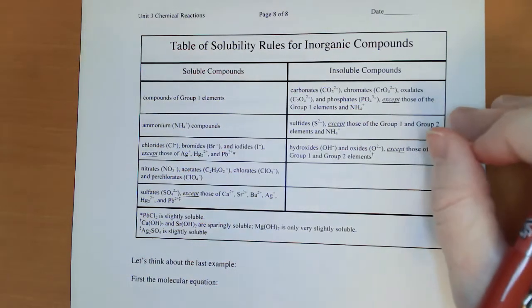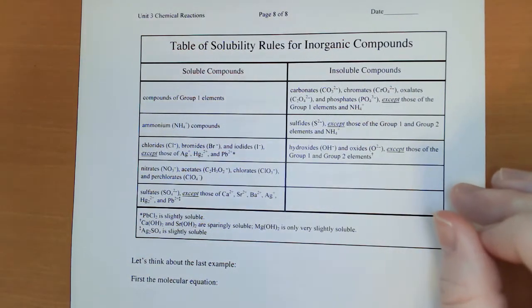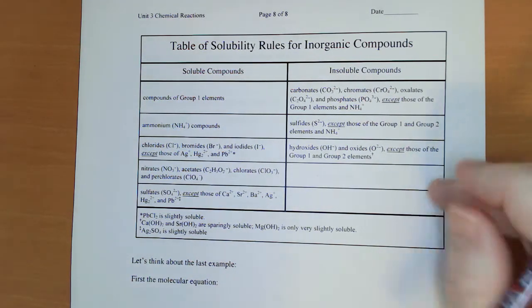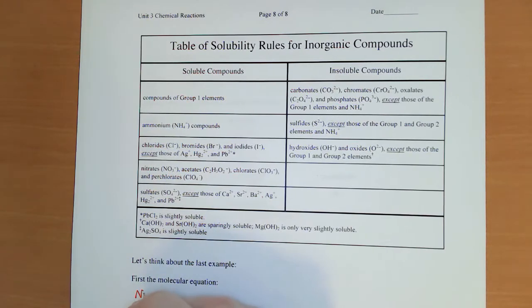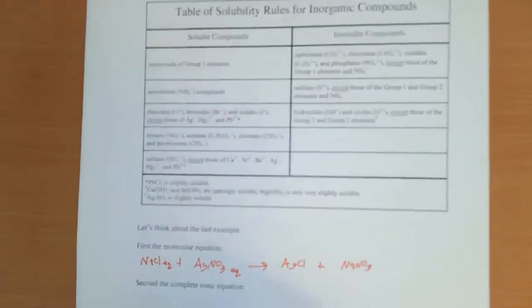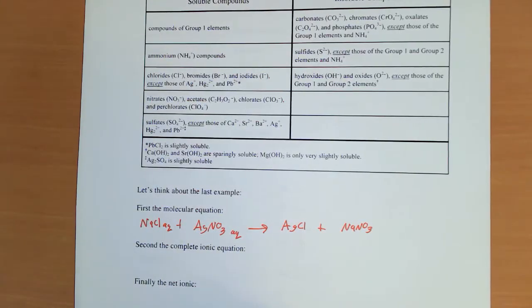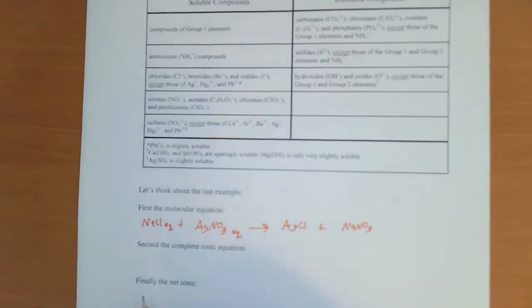So, what we have to do is think about a possible double replacement reaction, okay? NaCl, aqueous, and AgNO3, aqueous. If they switch partners, give me AgCl and NaNO3, okay?